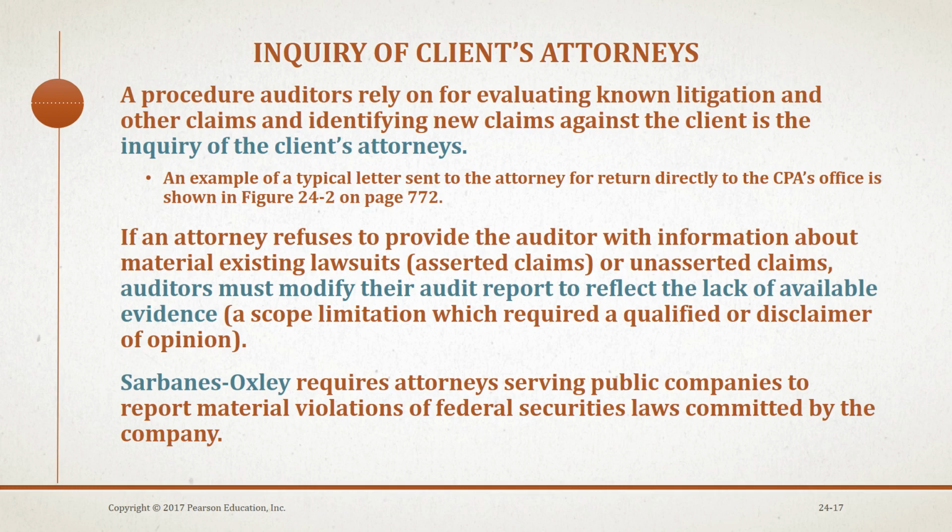And if an attorney refuses to provide the auditor with information about lawsuits or unasserted claims, well, ladies and gentlemen, that is considered to be a scope limitation on your audit, and then you're going to have to decide if you're doing a qualification or a disclaimer of opinion. Sarbanes-Oxley requires an attorney who is serving a public company to report material violations of federal securities laws committed by the company to the SEC.